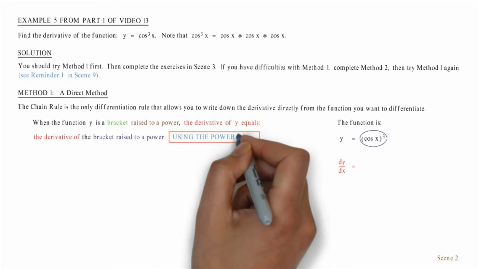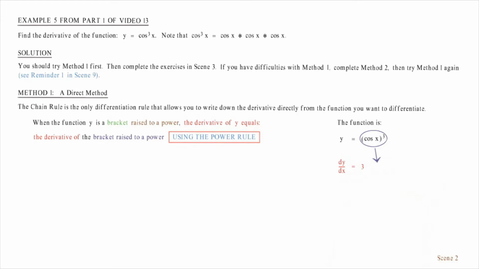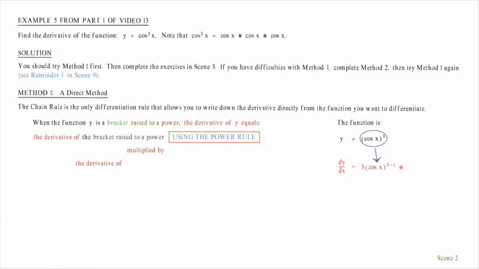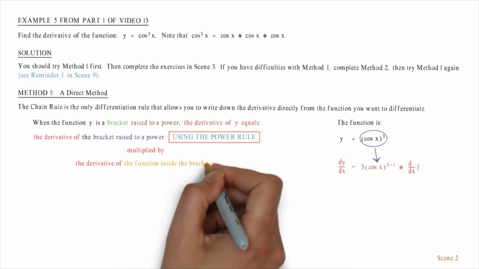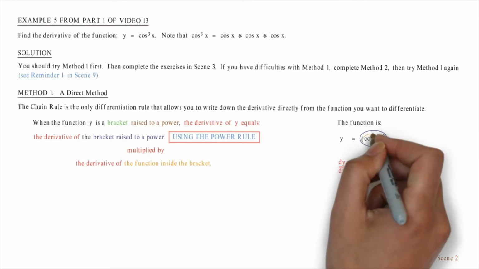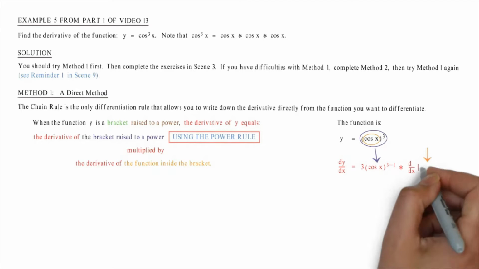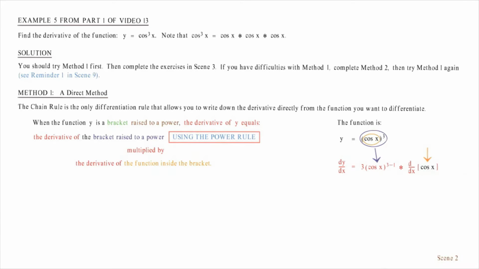using the power rule is 3 times cos of x to the 3 minus 1, multiplied by the derivative of the function inside the bracket, which is cos of x, so substitute cos of x.